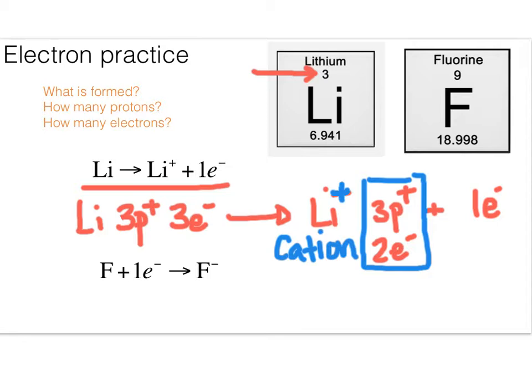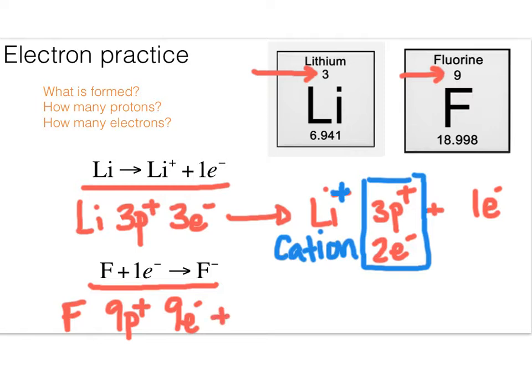Okay, so let's try the accompanying problem below with fluorine. Fluorine is accepting an electron and becoming F minus, which is fluoride. Fluorine, right here, has 9 protons, and that means that in its neutral state it should have 9 counteracting negative electrons.